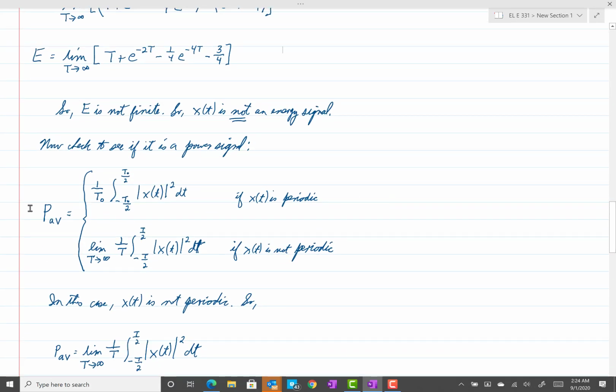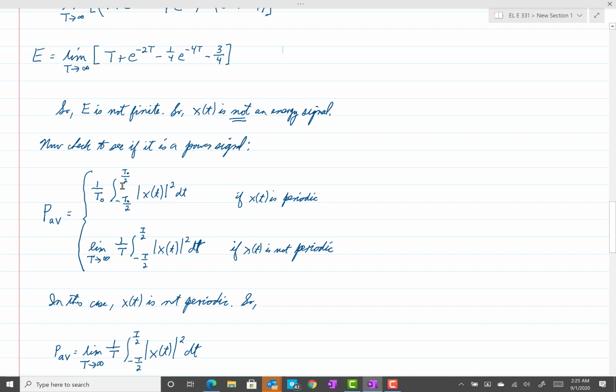Now, the formula for the average power is given here. If x of t is a periodic function, all we have to do is integrate 1 over T naught, where we're assuming T naught is the period here. So all we have to do is integrate x of t squared over 1 period and then divide by the period.